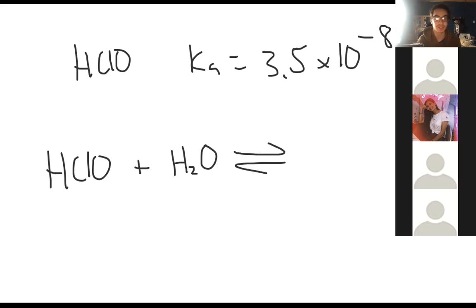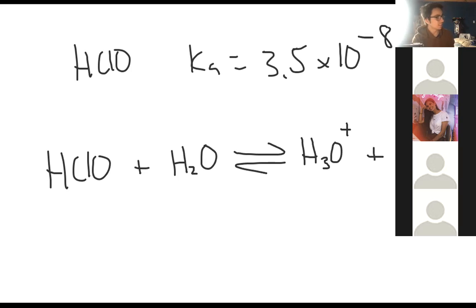It's going to lose its hydrogen because it's an acidic compound. So it's going to become H3O plus, and its conjugate base, which is ClO minus. So that would be the chemistry for this one.